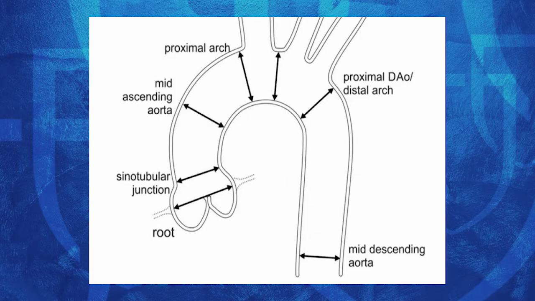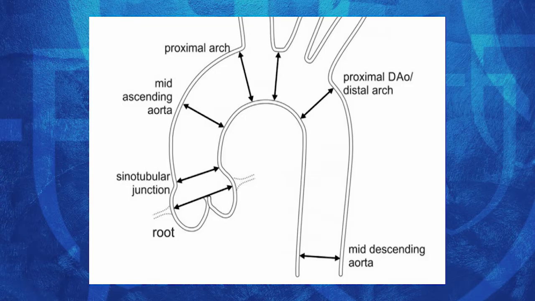If we go up, there is the ascending aorta, and then the aorta takes a turn and forms the aortic arch, which gives vessels to the head and the arms. After that, it turns all the way around and down, going towards the belly. That is the part we call the descending thoracic aorta.